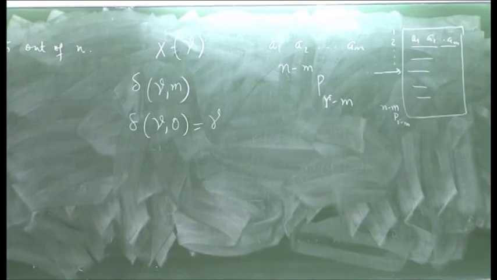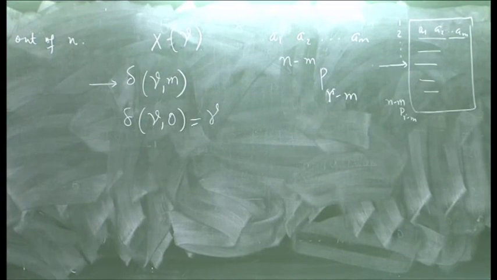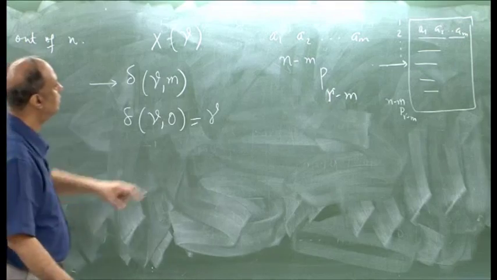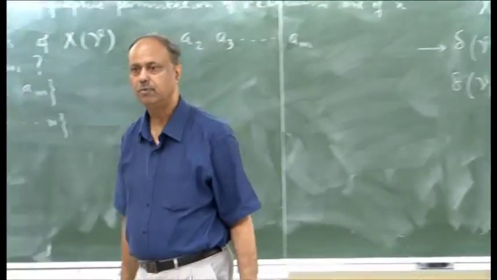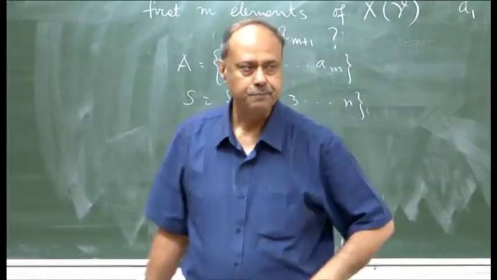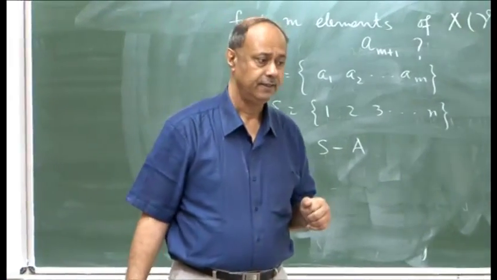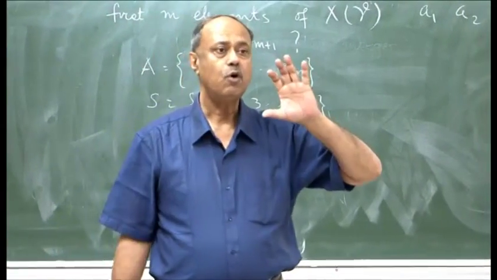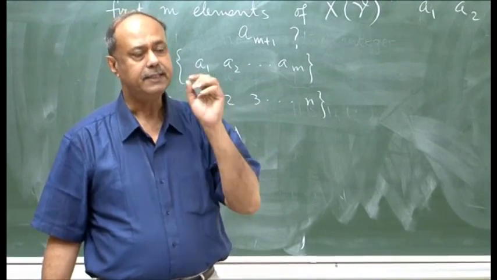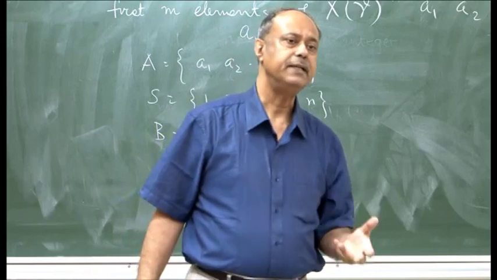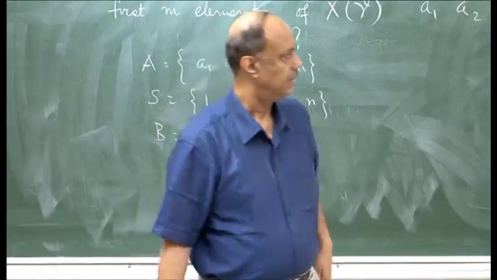Now, what is given to you? Given to you is delta gamma m, and also you have n minus m P r minus m. This is given to you for different values of n. Now, one property in permutation: the occurrence of the mth element being am and the (m plus 1)th element being am plus 1, the number of such cases is the same.